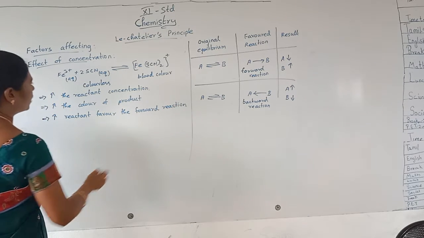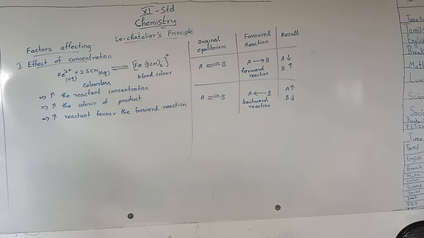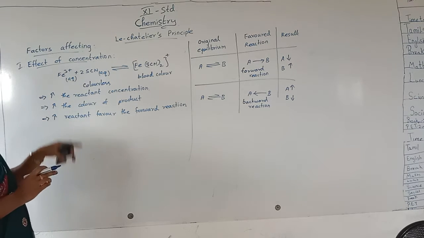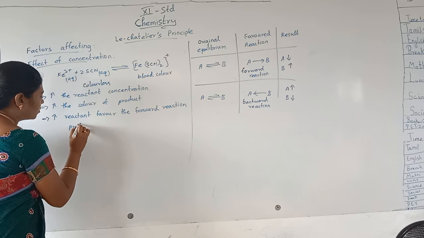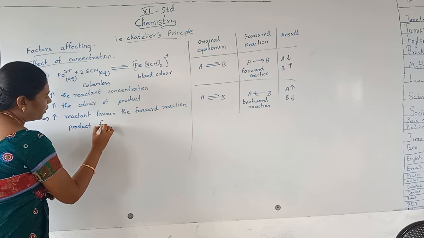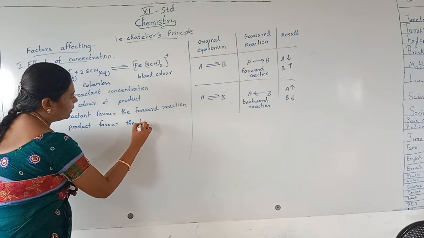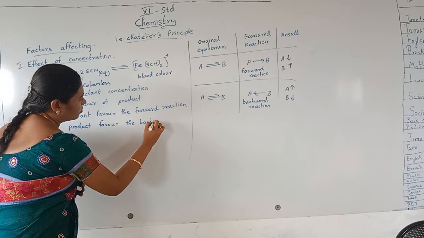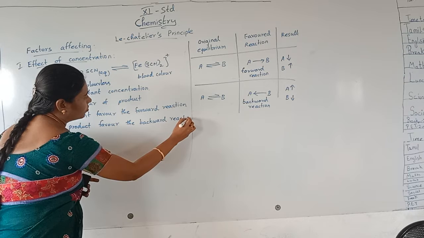So this is the forward reaction and this is the backward reaction. The reactant favors the forward reaction, and the product favors the backward or reverse reaction.